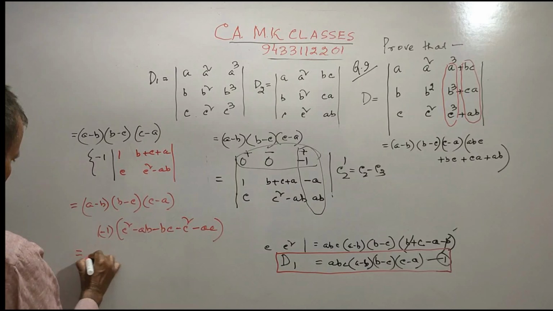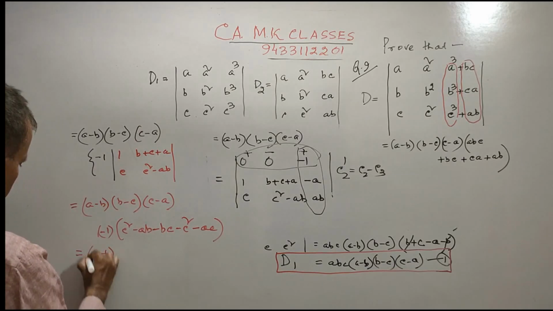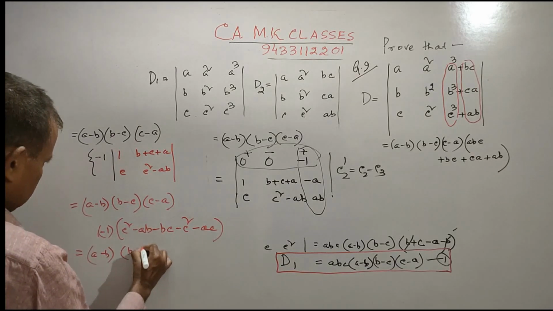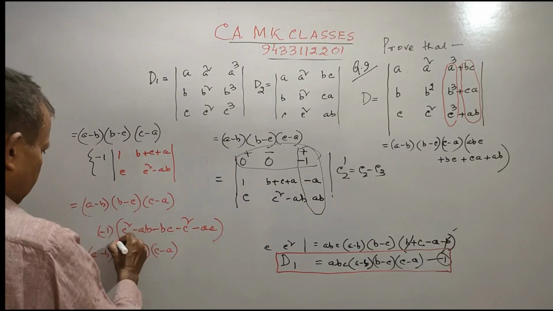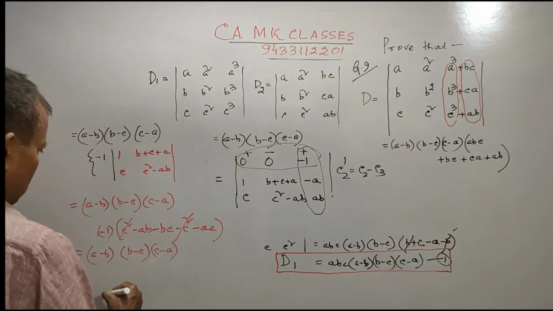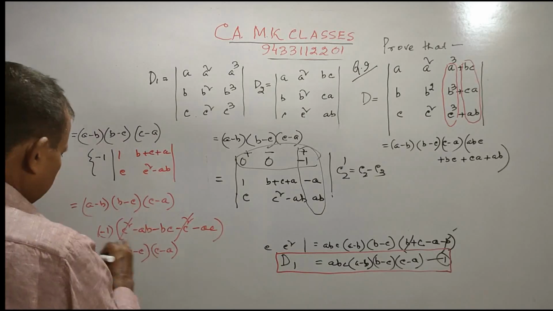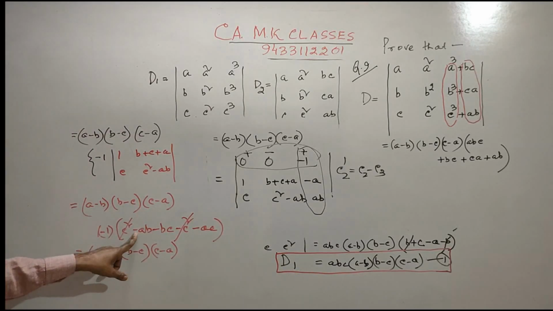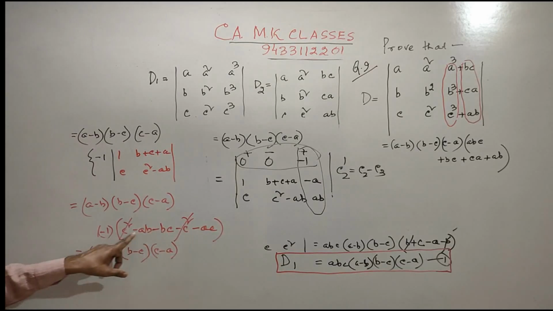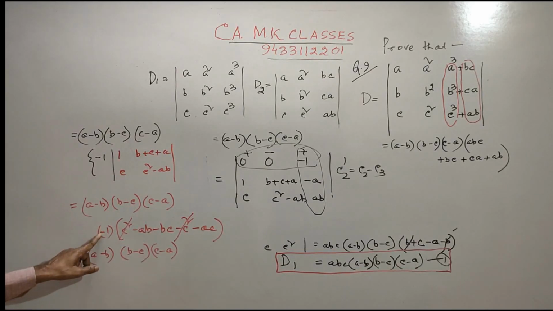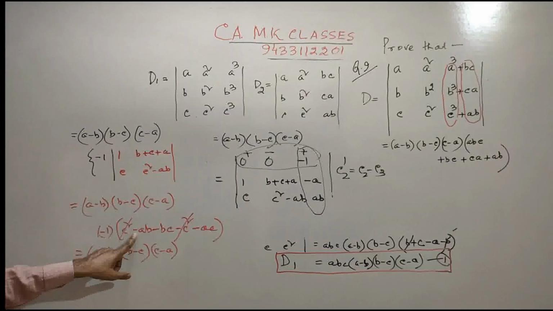So this will be a minus b, b minus c, c minus a, and this c square will go here, minus 1 into minus ab minus bc minus ca. If I take minus outside, minus will be plus.